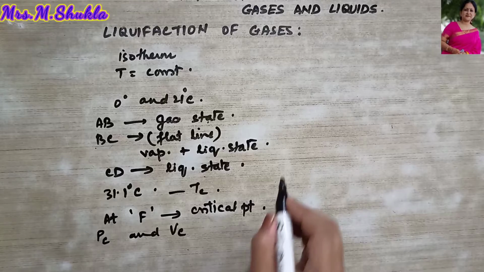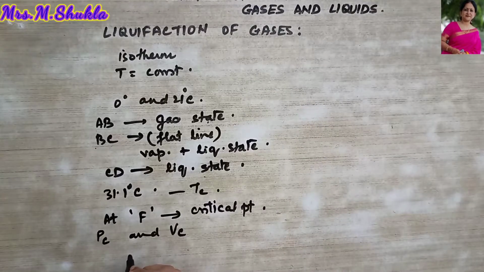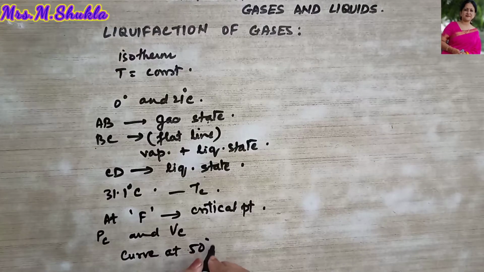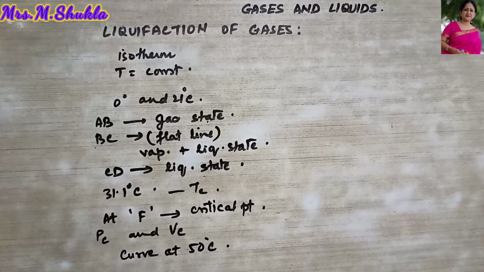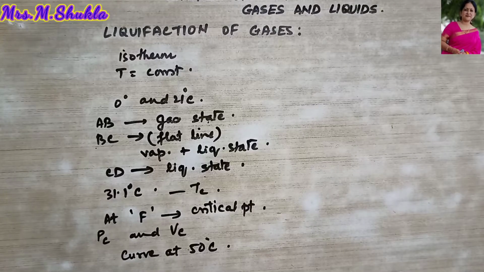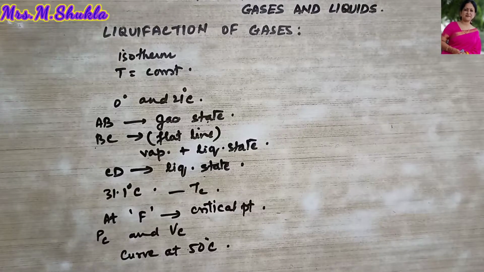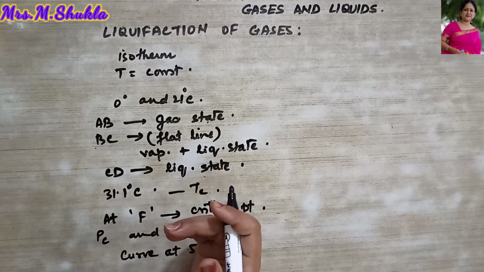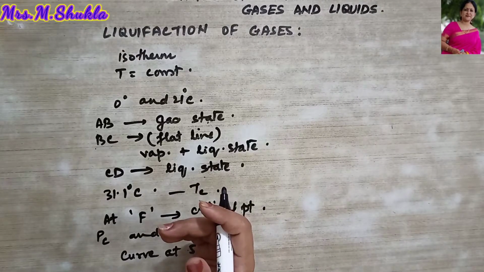Now look at curve at 50 degrees Celsius. You will find it forms a hyperbola here. So higher the critical temperature, easier to liquefy the gases.